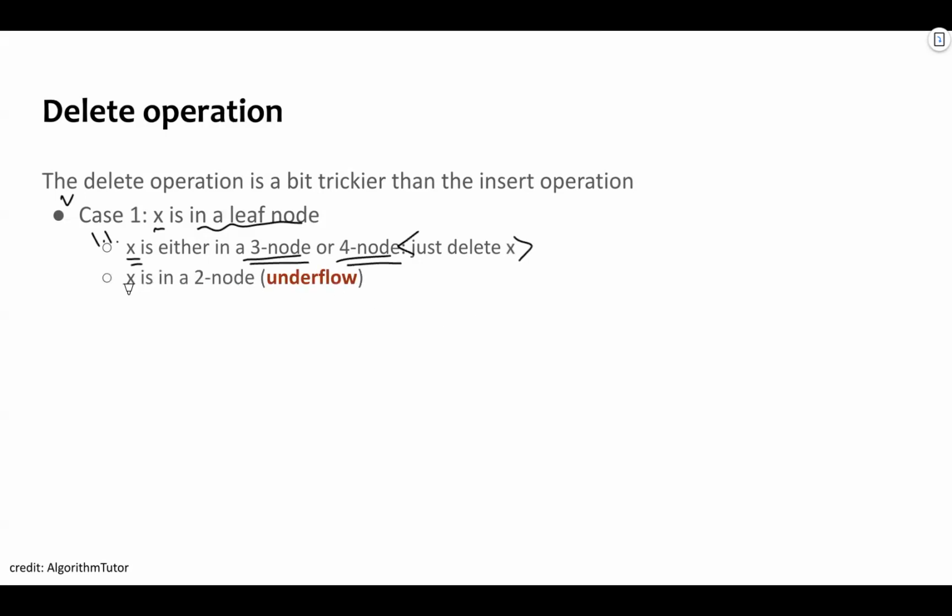And if X is a 2 node, then underflow occurs, meaning that the height of the nodes that contain X will change. And this causes a problem called underflow.